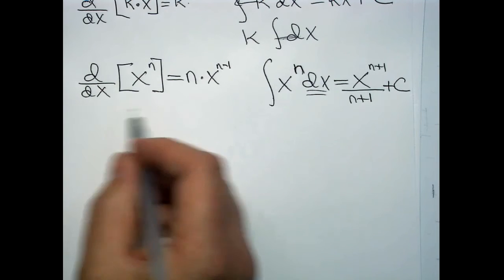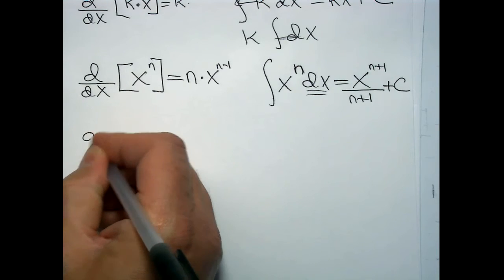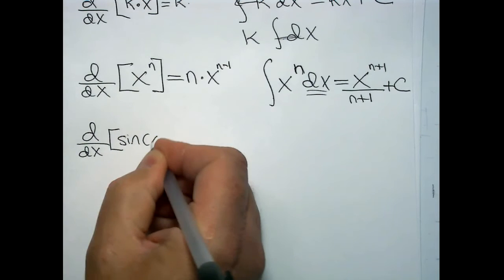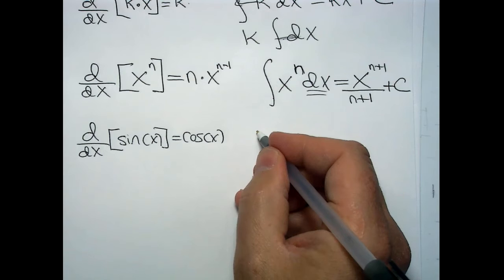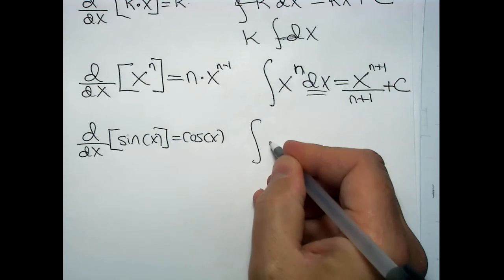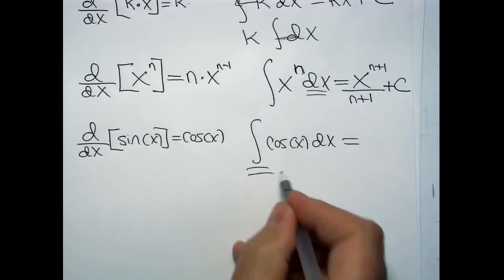What else can we do here? We did sums and differences. We know those are pretty straightforward. But what about some trig functions? We know the derivative of sine to be cosine. That means that I should be able to integrate the cosine. Now let's read this in English.